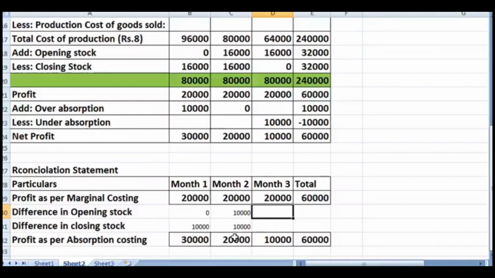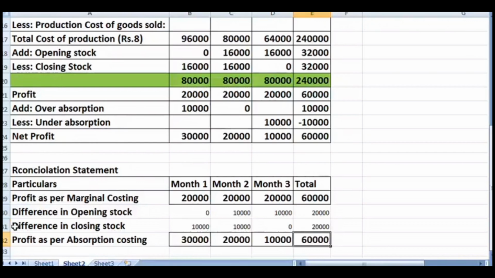And here 10,000 and 0, 10 and 10, 20,000. And here 20,000. Final effect is 0.